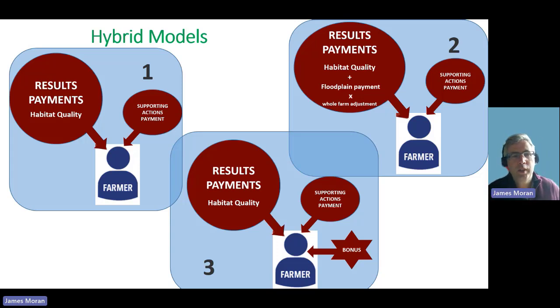So a certain amount of the payment is retained as a bonus payment, and there are targets set for the target species in terms of their fledging rates, for example. And once those targets are met, then at a landscape level, all the farmers that have achieved a particular quality get a share in that bonus. It's often a very small amount of the payment that's retained in this way, but it creates a direct link between the payments and the target species.